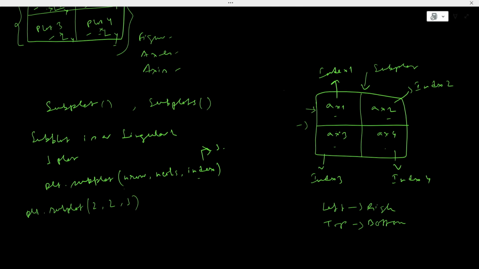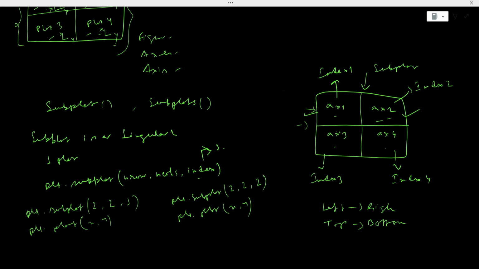Then you have to pass your plt.plot and you have to pass your x and y for this axis. Now if you want to create another graph, for that you have to write plt.subplot. How many rows do we have? 2. How many columns? 2. And in which index am I to create my graph? That is index 2. So I have to provide 2. And here again I have to write plt.plot, and pass my x and y.